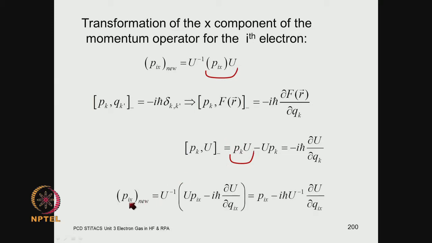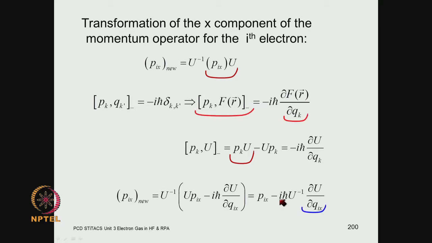So you now write this transformed momentum operator, but now you have got this minus iħ ∂U/∂q, and then this term goes to the right with a plus sign. So it is U p minus iħ ∂U/∂q. So there are these two terms. From the first term, U inverse U will give you 1, and then over here you have got this U inverse, minus iħ is coming here, and the ∂U/∂q_k.